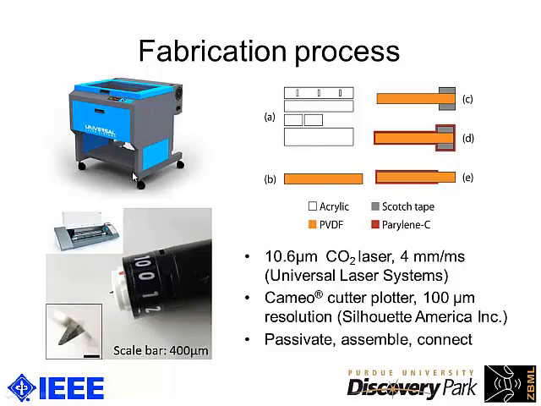The laser machining can be used to make the acrylic chamber, the main part of the chamber. It does heat up the material at the points where we're cutting, but that's okay for the acrylic. It allows us resolutions down to about 25 micron. So we can use it for making slits for the PVDF.